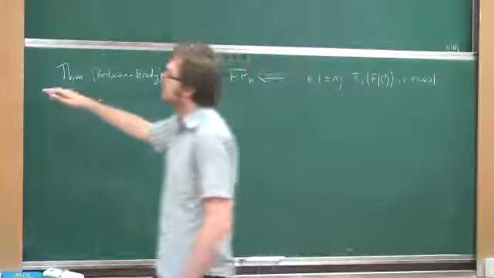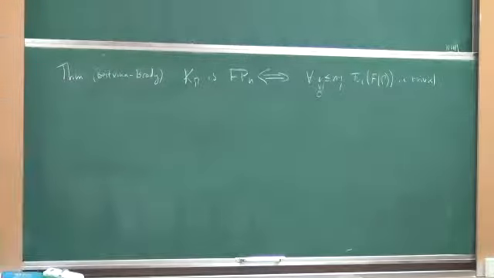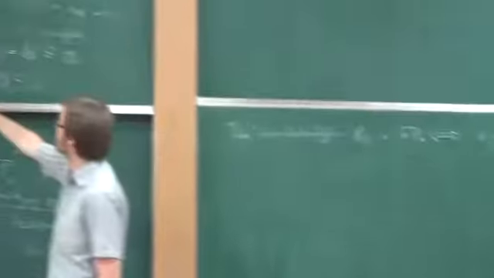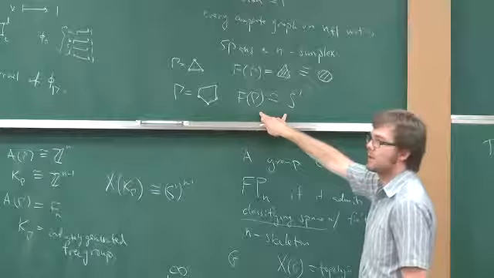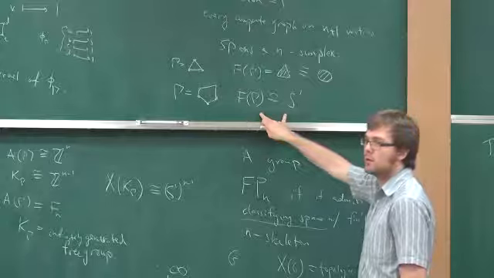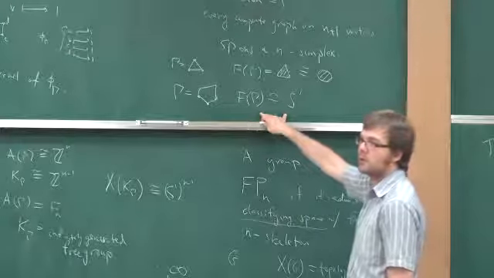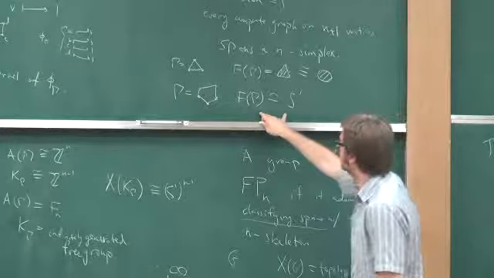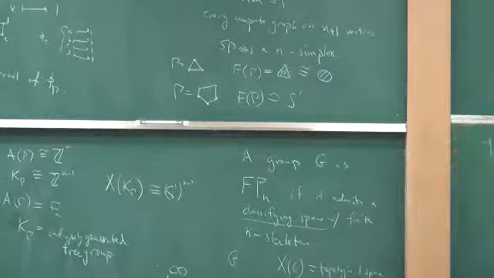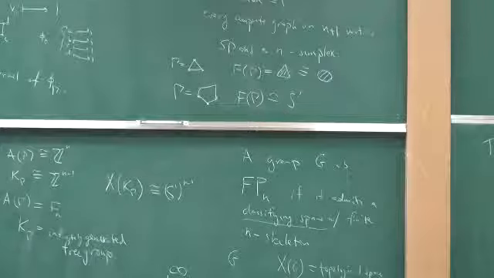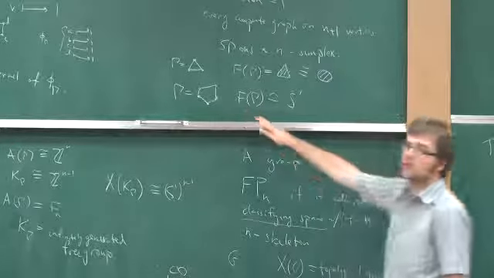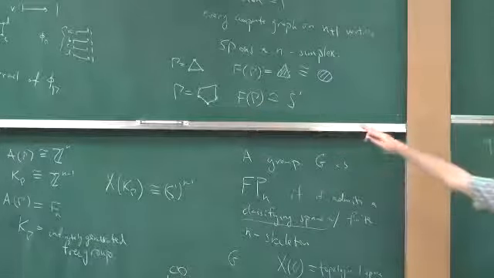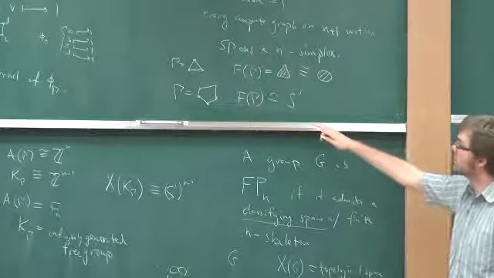Similarly, in the case where we had a cycle on 4 or more vertices, the flag complex is homeomorphic to S1, which has trivial pi 0 but non-trivial pi 1. And so the theorem implies that the kernel K gamma for gamma this cycle is going to be FP1 but not FP2, so that it's finitely generated but not finitely presented.